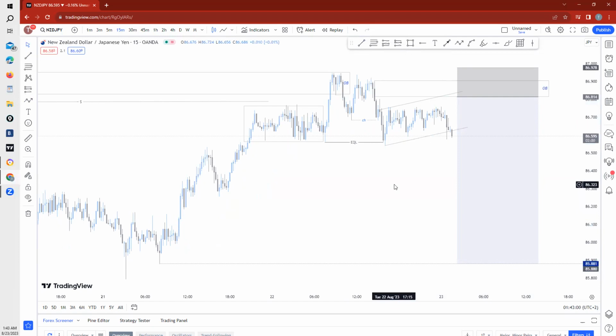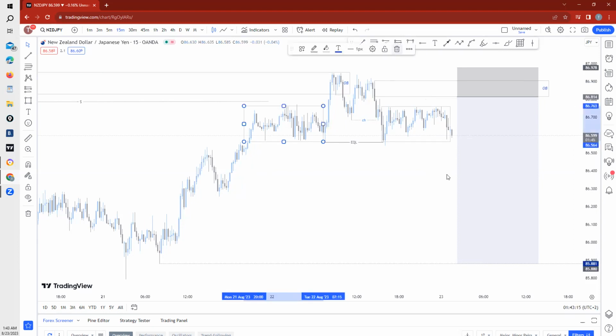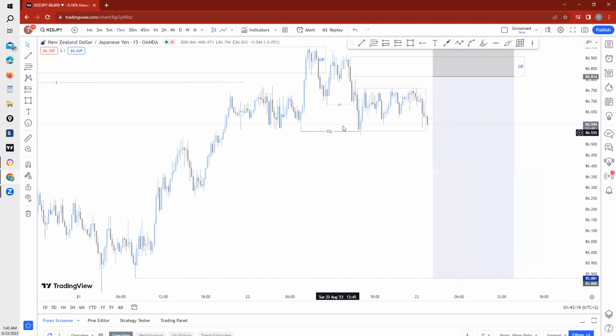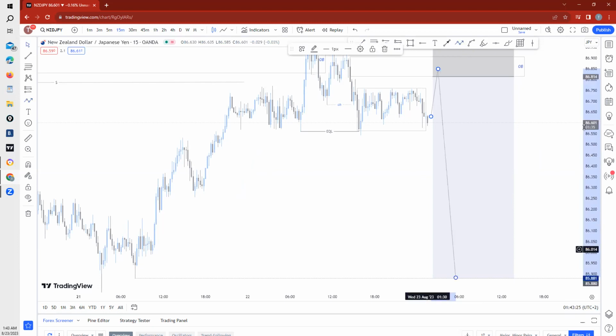You see, and also I can see that this is indeed consolidation, and this is because of the Asian session. So I'm expecting price to go to the upside and push further to the downside.